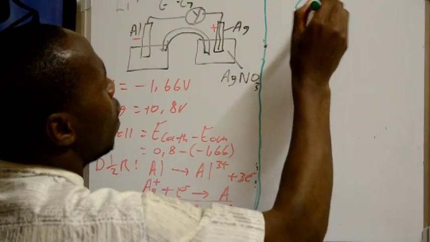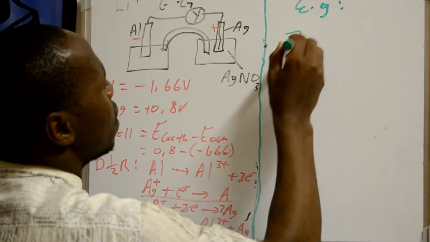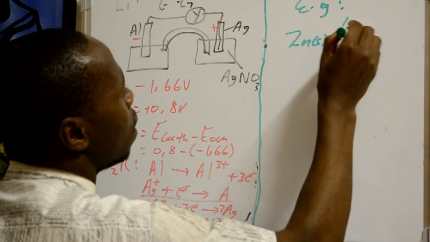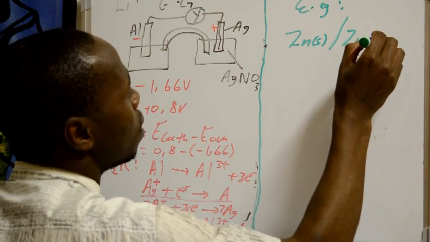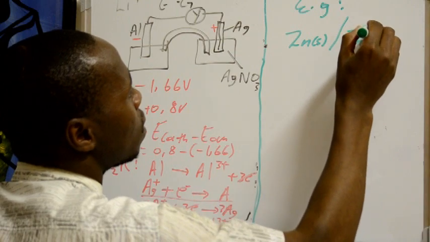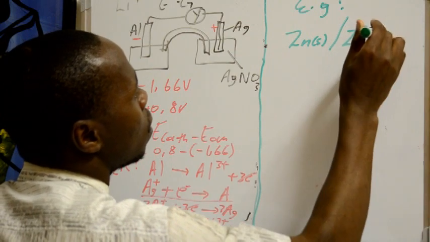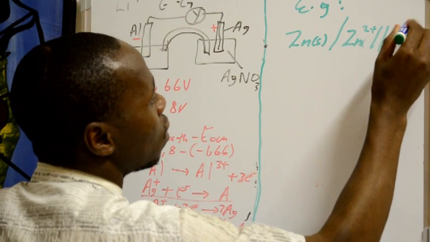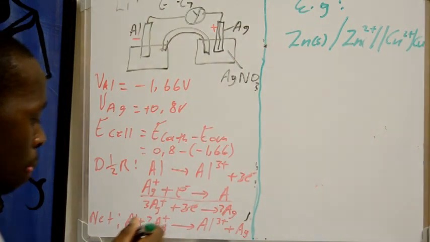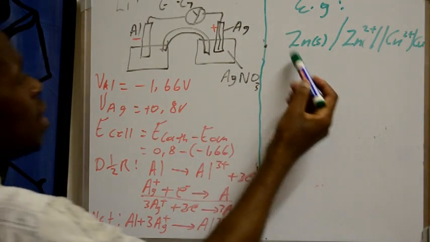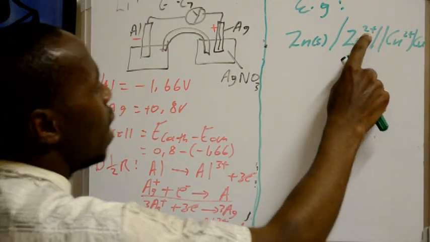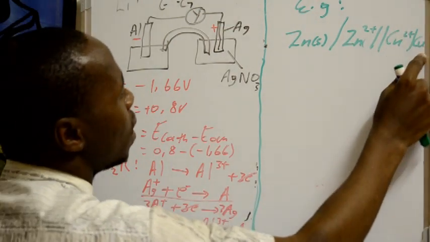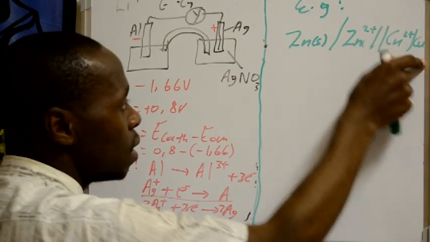For example, if they say your zinc starts as solid, then becomes zinc aqueous with 2 plus, and then copper 2 plus. They have a common reaction. From this you can see your zinc's oxidation number increases. Your copper's oxidation number decreases, and we know copper is reduced.